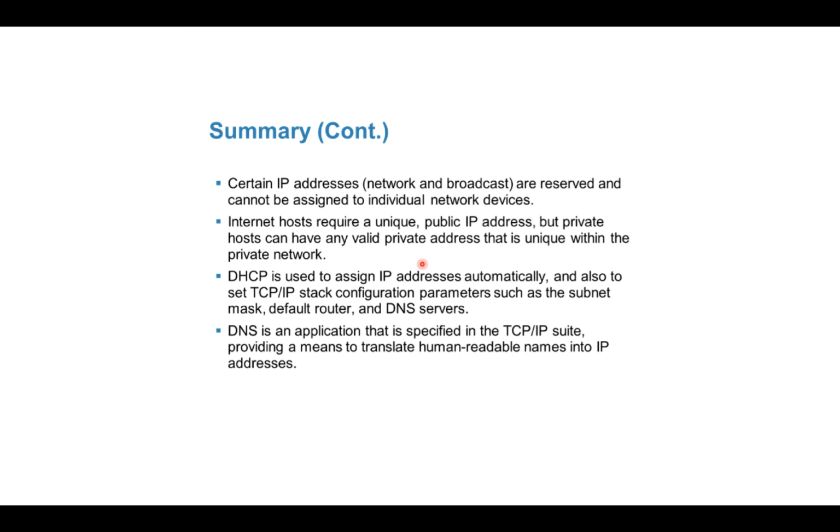Those local IP addresses are IP addresses you can use just locally. You can't go to the internet with those IP addresses. You should go to your router first. You should go to your default gateway first. And when you go to the default gateway, we will see it later, then you will use network address translation. We will see them in detail in later slides.